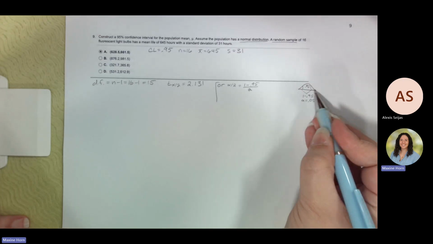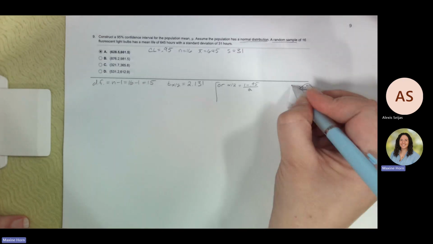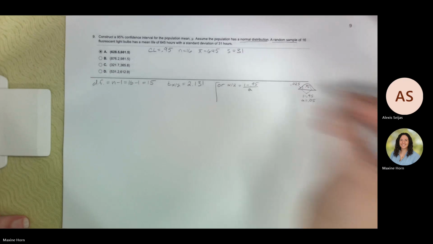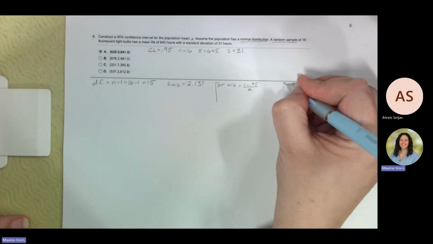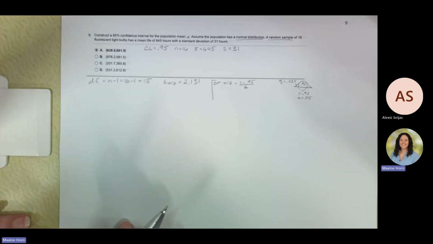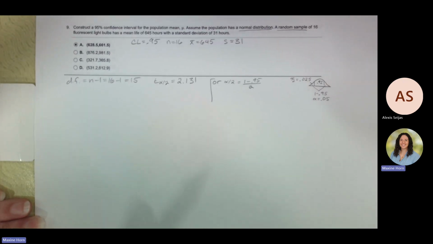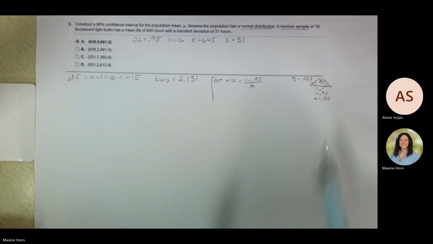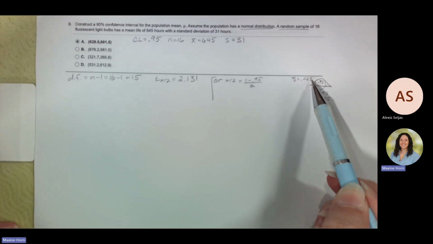So if both together are 5%, then each one individually is 2.5%, which is our alpha halves. I wrote that super tiny. Can you even see that? I've got plenty of room on this page, I could write bigger. Our alpha halves is 0.025.